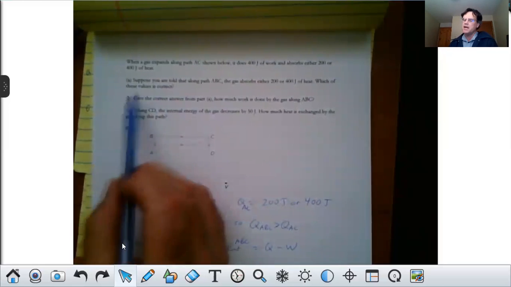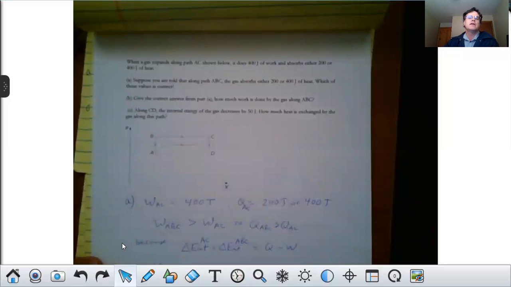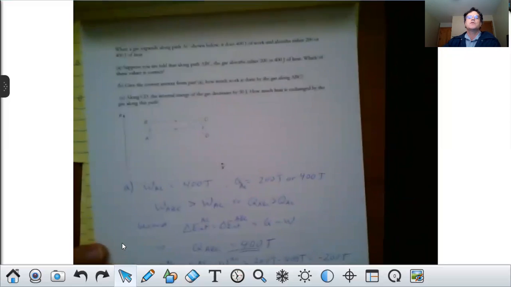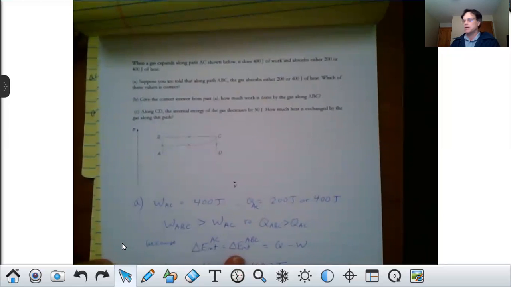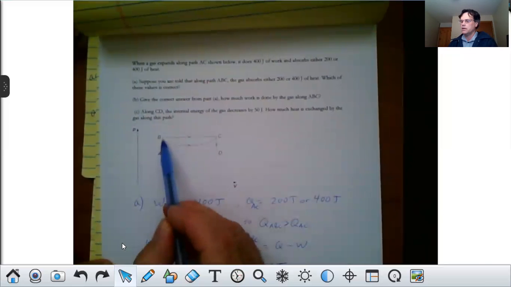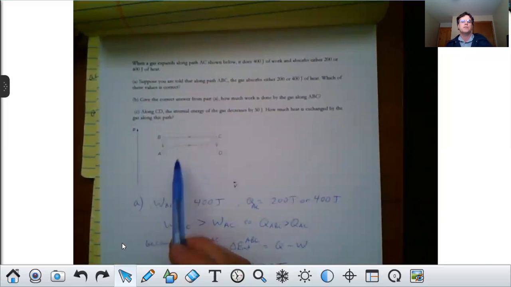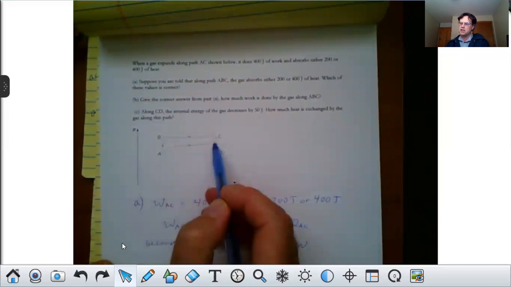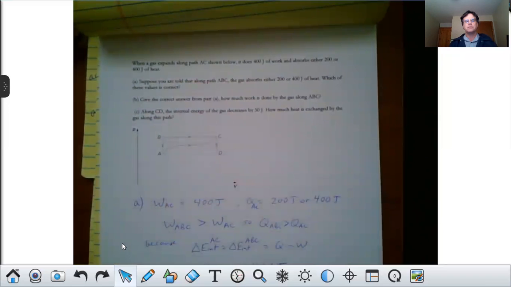So question A asks, suppose you are told that along the path ABC, the gas absorbs either 200 or 400 joules of heat. Which of these values is correct? So now we're going along this upper path. Now, first thing to realize along the path ABC is that the work done on that path must be greater than the work done on AC, because the area under that graph, ABC, is bigger.